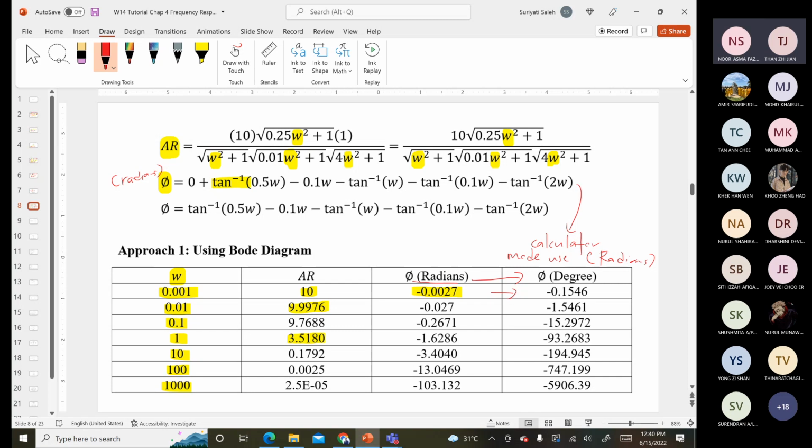So you calculate the amplitude ratio and the angle, both radian and degree. All information needs to be there. The method of calculation, either Excel or the calculator, is up to you. But in the end, for the final exam, this table needs to be available for the purpose of plotting.